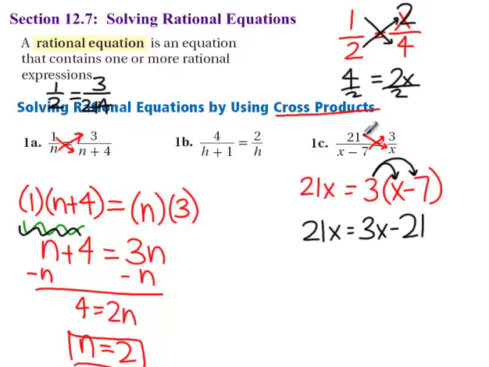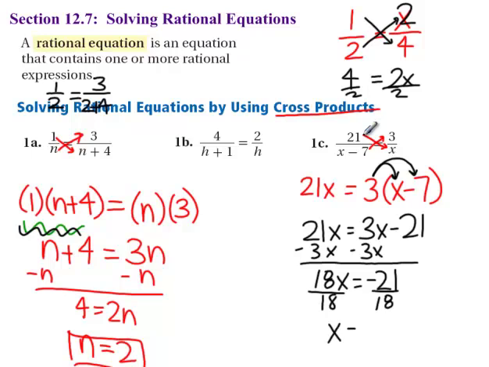Now our goal is to do the exact same thing. We want to get x by itself, so let's combine all of our x's. Subtract 3x from both sides. I get 18x equals negative 21. Then we solve. If you divide both sides by 18, we get x equals negative 21 over 18.